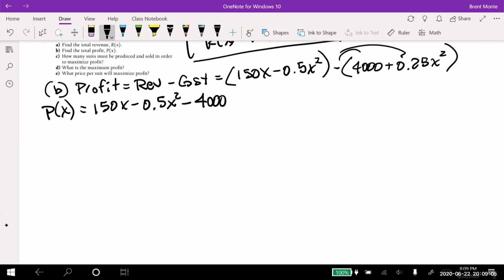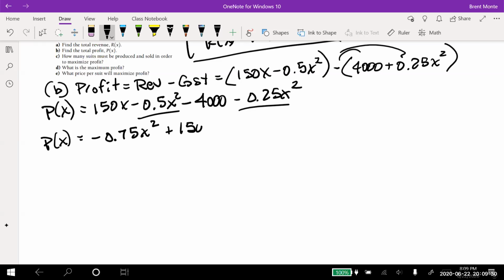Remember, we talked last time, the constant should be negative in profit, minus 0.25x squared. Remember to distribute that negative to the x squared portion, because when I put these x squareds together, I'm going to get P of X negative 0.75x squared plus 150x minus 4,000.